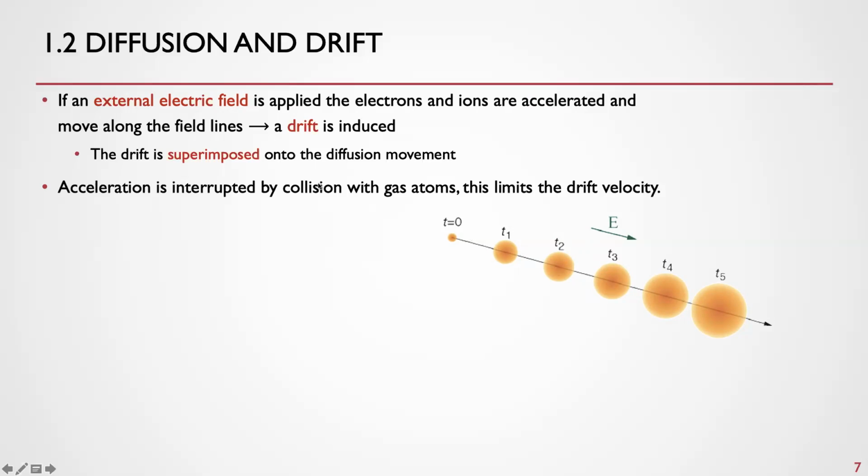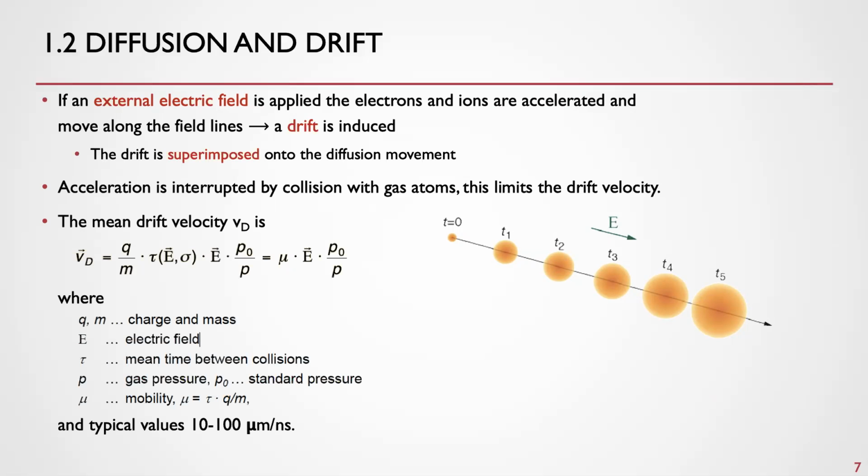However, the acceleration is interrupted by the collision with the gas atoms. So we are here now dealing with ions and electron movements in a thin, or maybe not so thin, gas, and collisions limit the drift velocity.